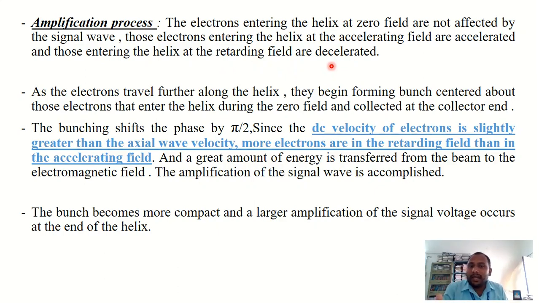Electrons enter the helix at a zero field, not affected by the signal. Electrons enter the helix at an acceleration field, so those we can call accelerated electrons, which speed up. Electrons enter the helix with a retarded field, so those will be decelerated.